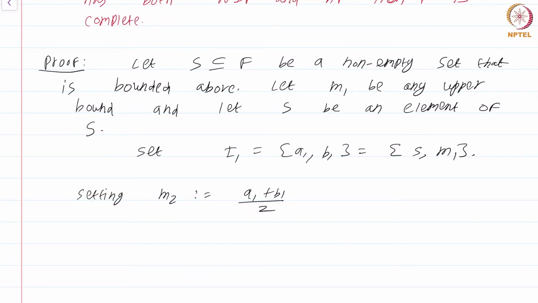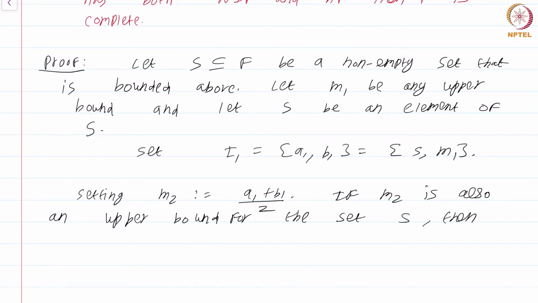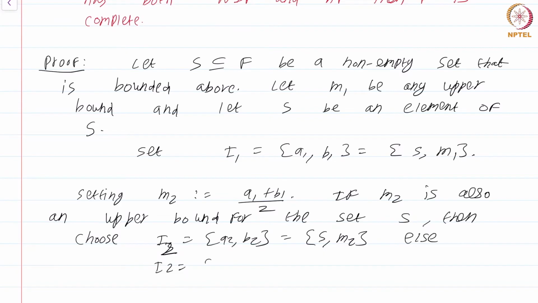Now, if M2 is also an upper bound for the set S, then choose I2 = [A2, B2] to be equal to [s, M2], else I2 = [A2, B2] is nothing but [M2, M1].